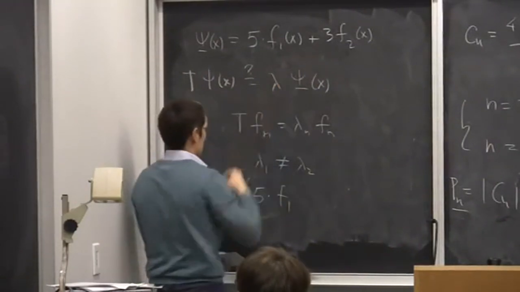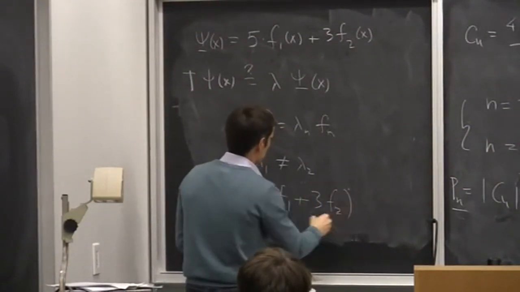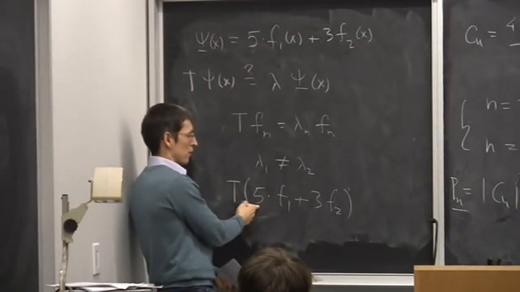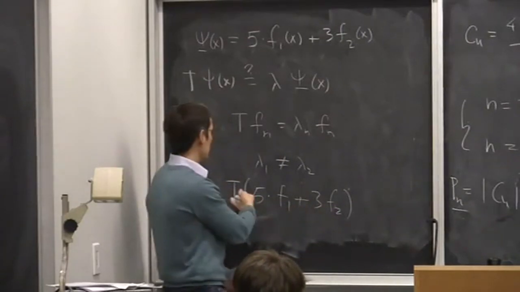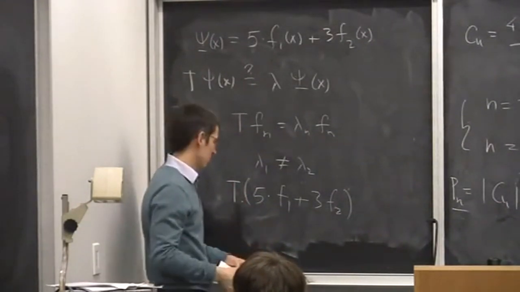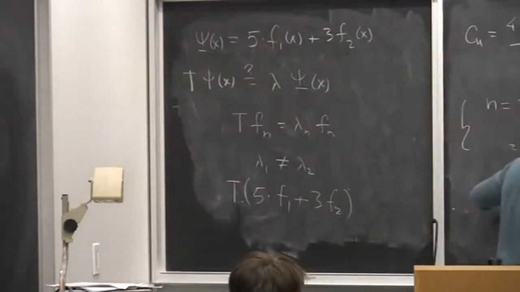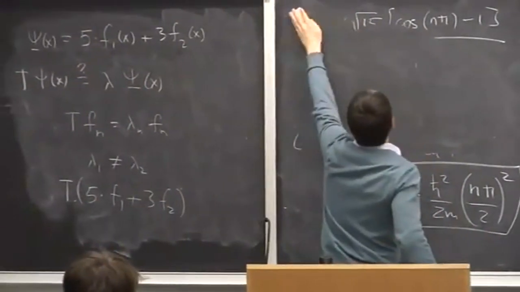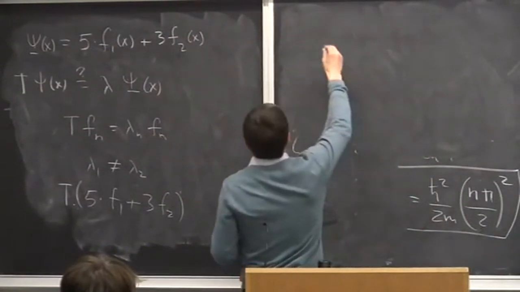So then, if t acts on this linear combination, the easy way to treat this action is: t acts on the first function multiplied by a constant, plus t acts on the second multiplied by a constant, because t contains the differentiation operator, and that operator is linear. So essentially what I said is the manifestation of linearity: the operator acts on the functions separately, and then you can add the results and multiply them by constants.